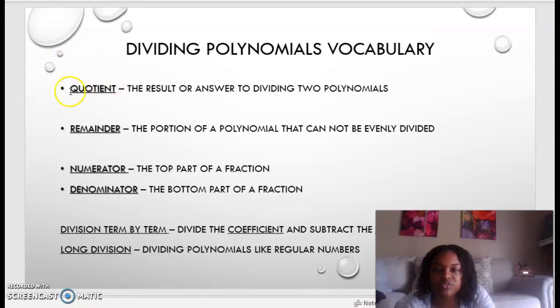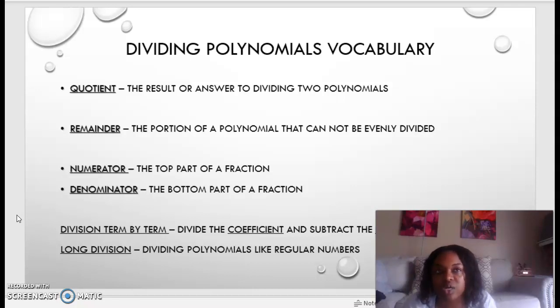Some important vocabulary here is quotient, the result or answer to dividing two polynomials. So when we divide two polynomials and we get an answer, we call that answer the quotient. Remainder. Remainder is the portion of a polynomial that cannot be evenly divided.